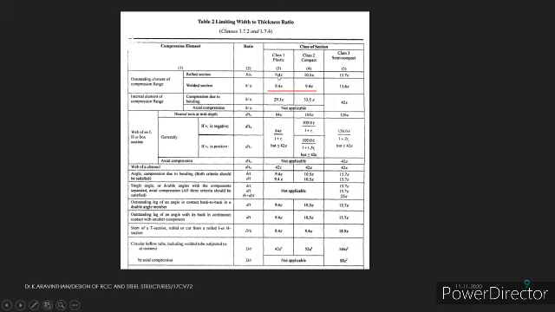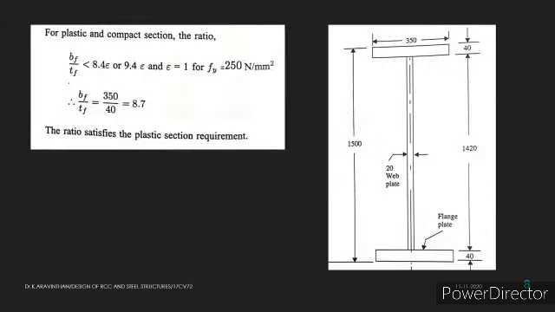In this case, we will be going between the plastic and compact stage. If you assume the range is 8.4 epsilon to 9.4 epsilon, let us take this condition. We already know that epsilon equals 1 for Fy 250 Newton per mm square.